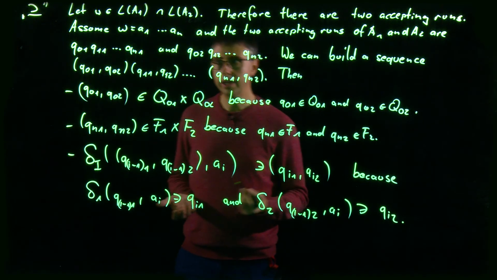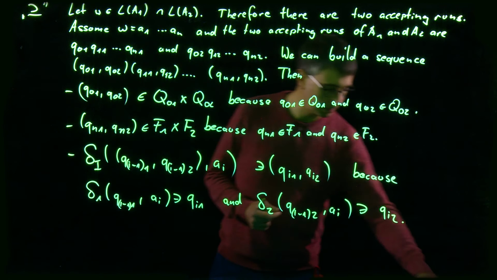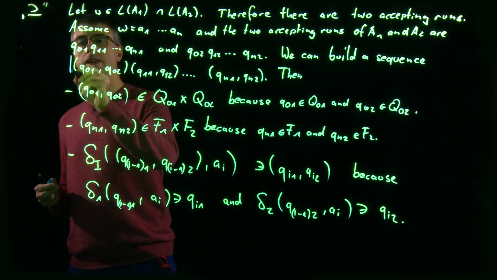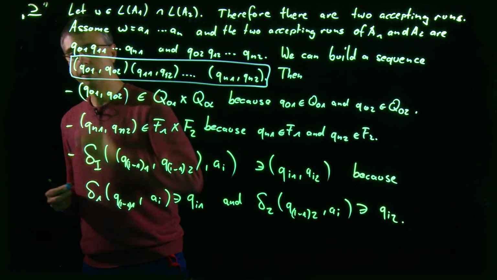So we can conclude that the sequence that we have defined here, this one, must be an accepting run of the product automaton.